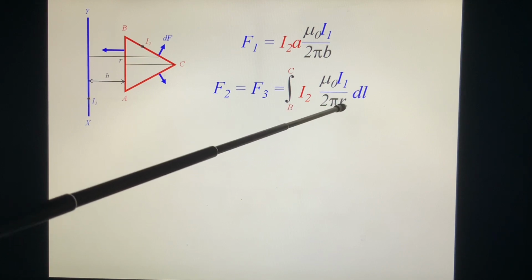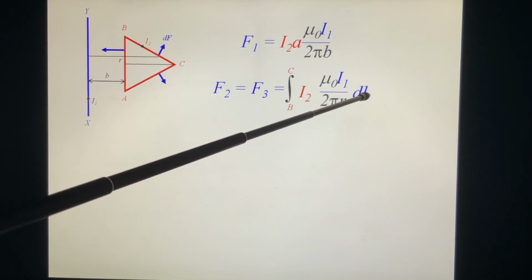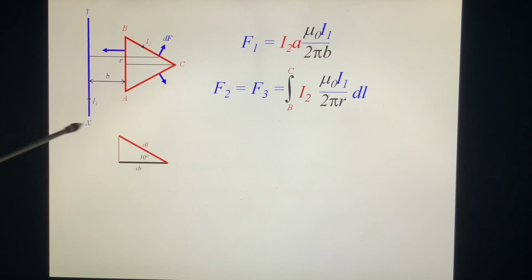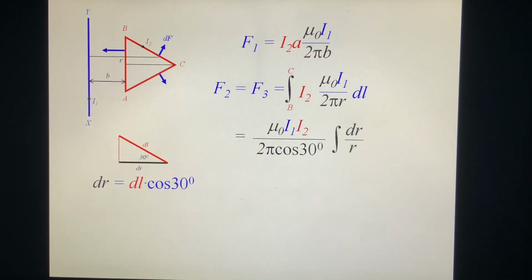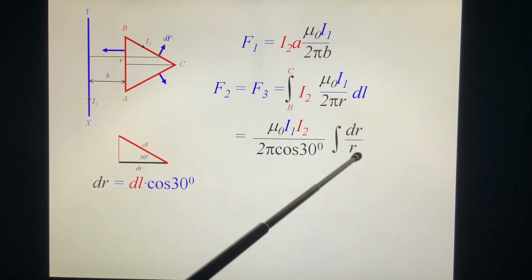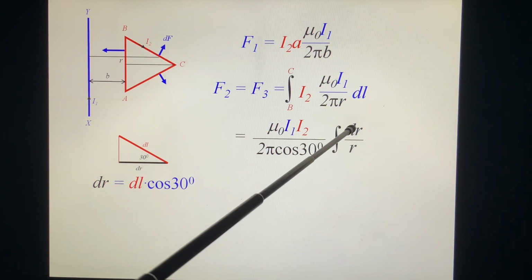I want to change dL to dR. The relationship is, this is dL, and this is dx, the x direction. So we find dR equals dL cosine 30 degrees. So we write this and take everything out without R, and we get dR over R.